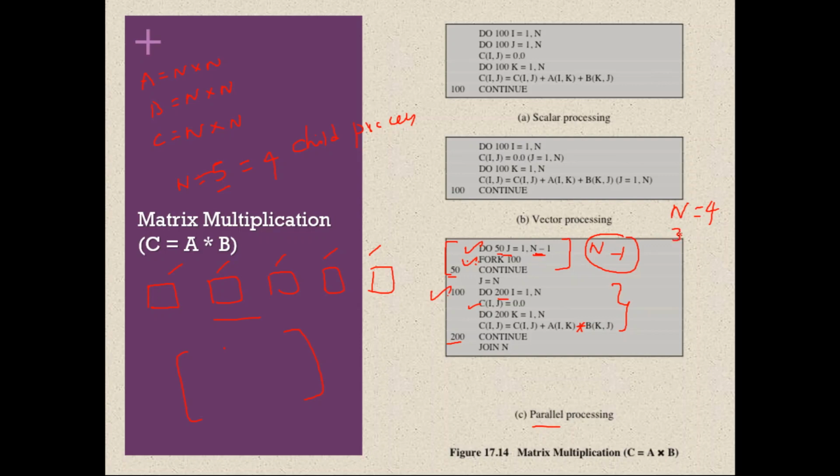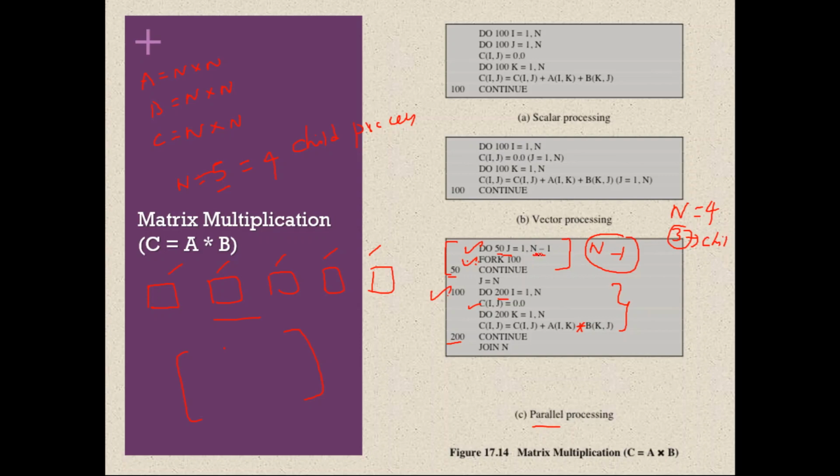So it is going to repeat 3 times, and it is going to create 3 child processes.